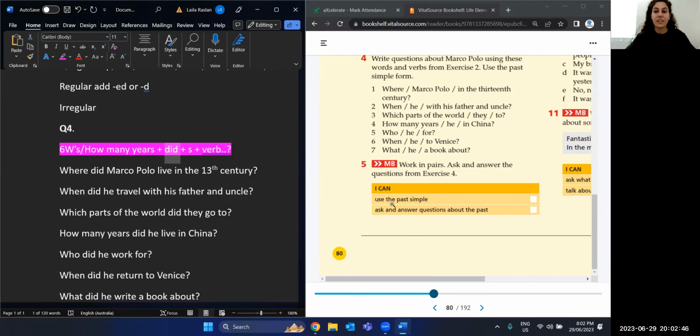So now we can use the past simple. For our action words, we know how to talk about an action we did yesterday, last night, last year, 10 years ago. We add ed or d, or be careful, some are irregular. And to make it a negative, we say didn't verb.